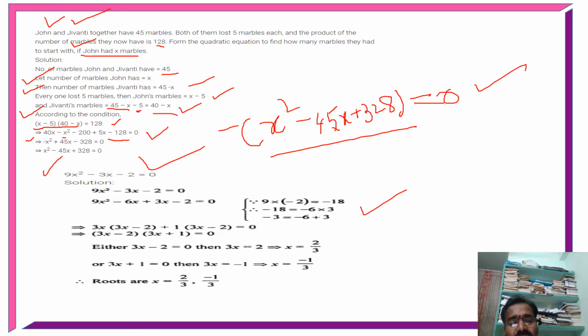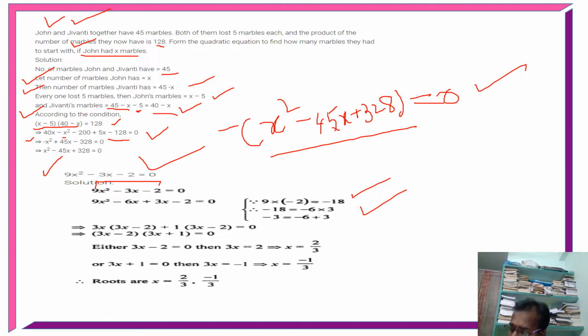9x square minus 3x minus 2 equals 0, by using the split the middle term method. While applying the split the middle term method, the first step is to find the product of extremes, that is minus 18, and we should choose two factors of 18 whose sum or difference must equal minus 3x, and product must equal minus 18.